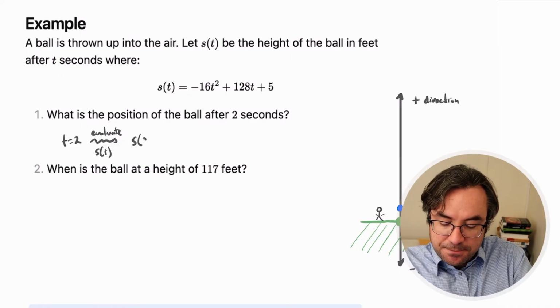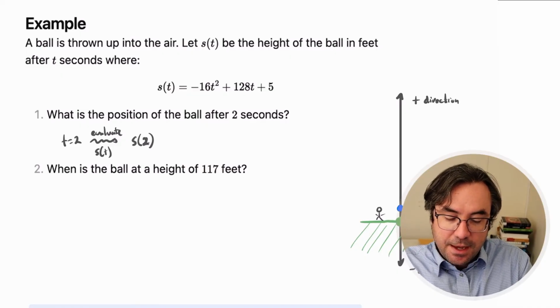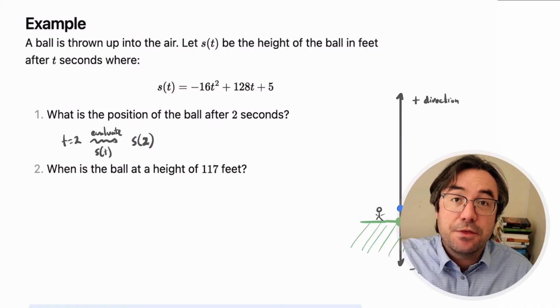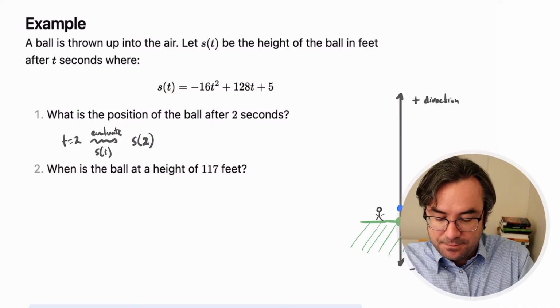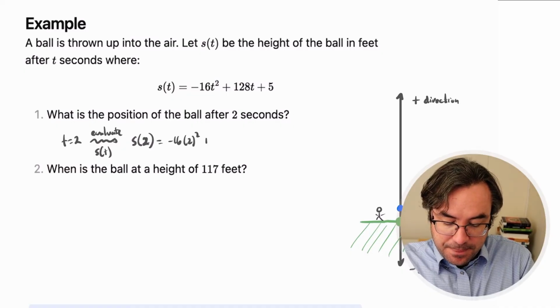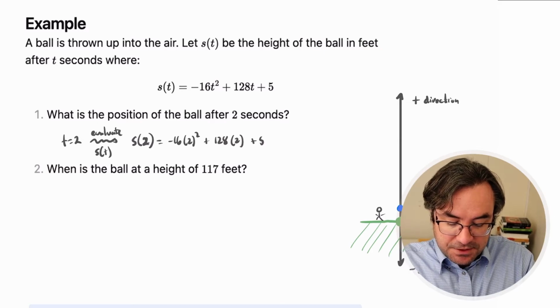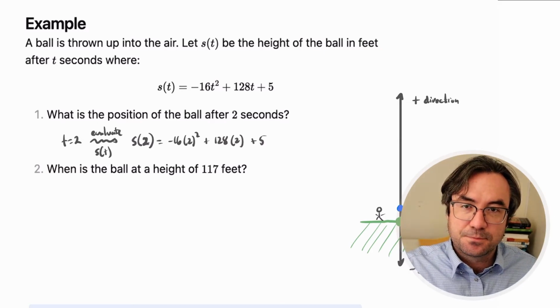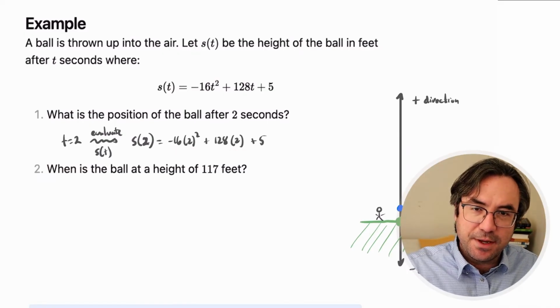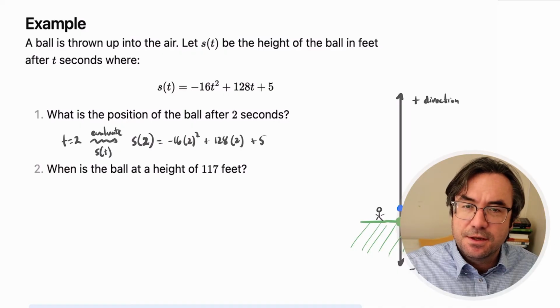So we plug 2 in, and wherever I see a t in my formula, I'm just going to swap it out with 2. So we get negative 16 times 2 squared plus 128 times 2 plus 5. All right, and that's perfectly fine. The numbers are kind of big, so you could just leave it like this.